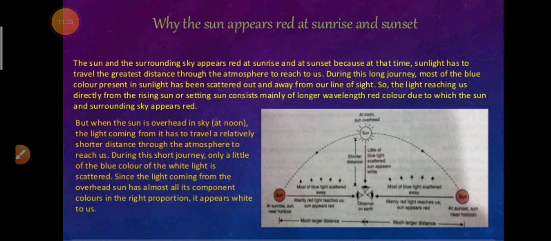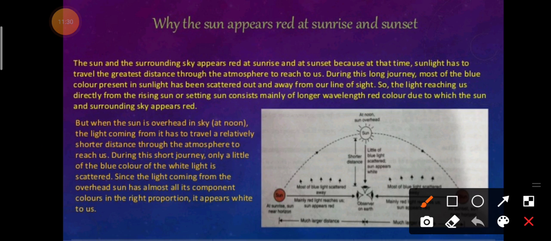So only the red light, which has the longest wavelength, is scattered least, and reaches our eye. Most of the red light reaches the eye. So that's why we see the sun as red. The other colors are scattered, but they are present in the atmosphere.